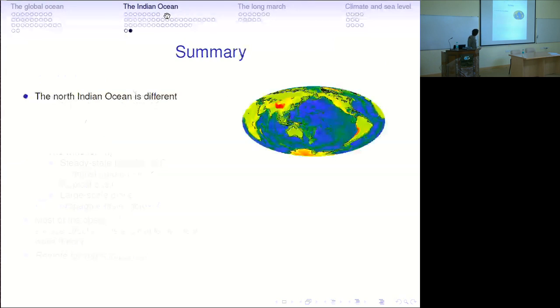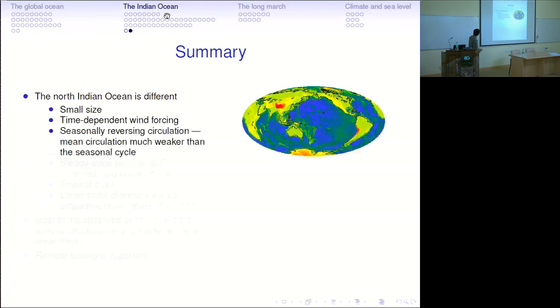So, the summary: the North Indian Ocean is different. It is small. It has time-dependent wind forcing. It has a seasonally reversing circulation, and the mean circulation is much weaker than the seasonal cycle, because the mean winds are much weaker than the seasonal cycle of the winds. The steady-state regimes, where Stommel and Munk are no longer valid. You cannot ignore time dependence. You cannot drop the tendency term. You cannot drop the d by dt term.